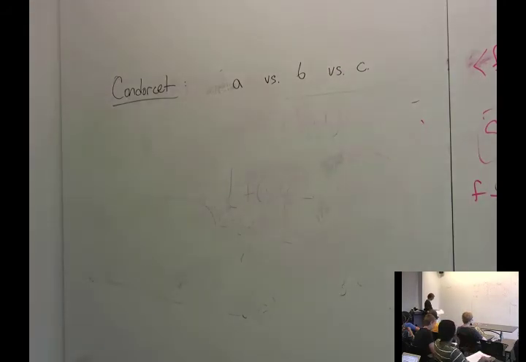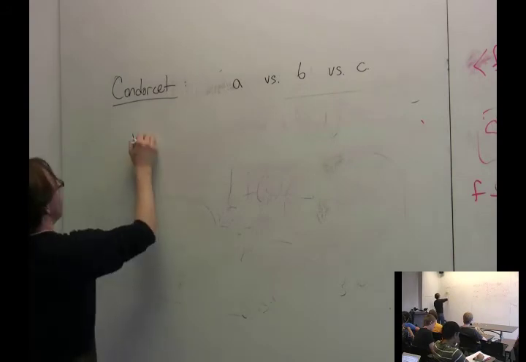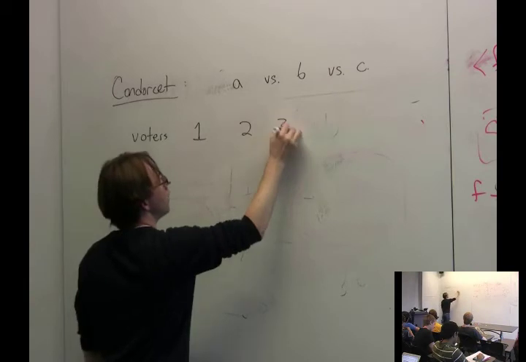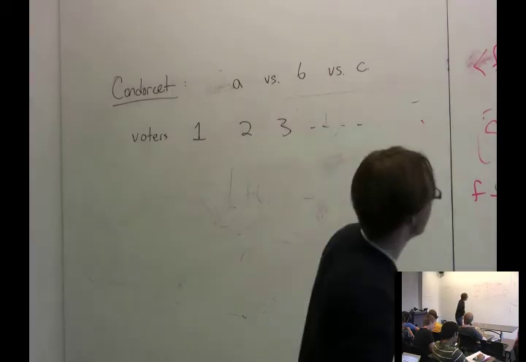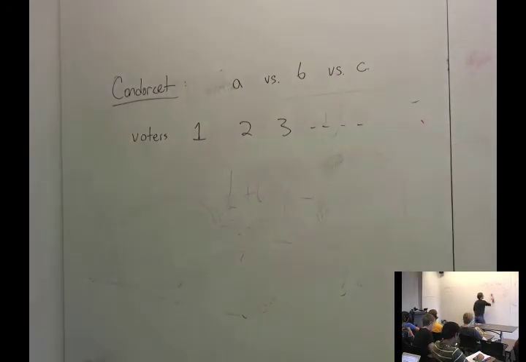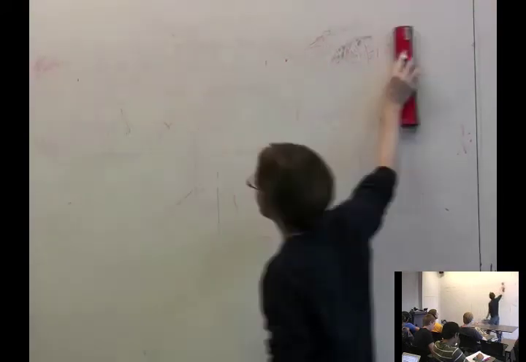What can we do? Well, again, you can imagine that you have n voters, 1, 2, 3, etc. And each one of them has some opinion on A versus B versus C. And in fact, we're going to imagine that each one of them has a ranking of how they would rank A versus B versus C, let's say with no ties.